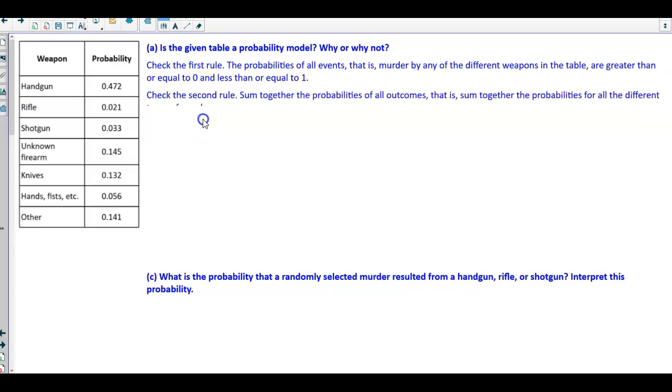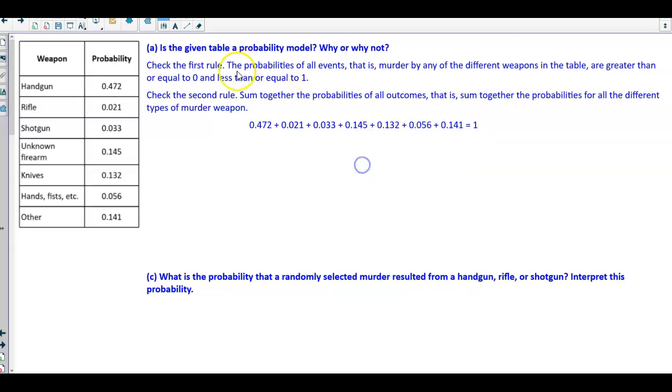Now the second rule tells us to sum together the probabilities of all outcomes, that is, the probabilities for all of the different types of murder weapon. When we add these together, we take 0.472 plus 0.021 plus 0.033 plus 0.015 plus 0.0132 plus 0.056 plus 0.141, and it equals 1.